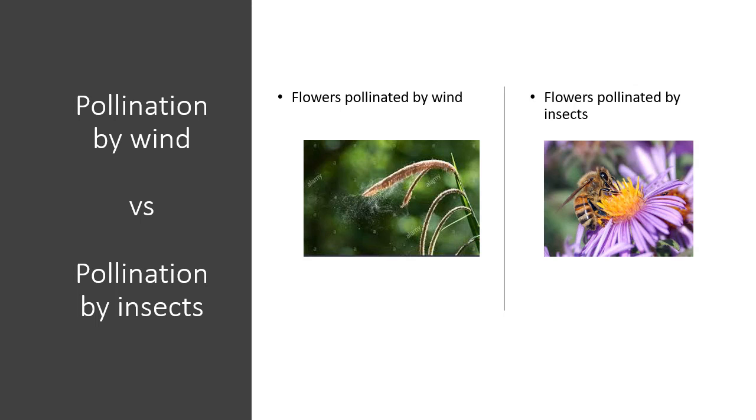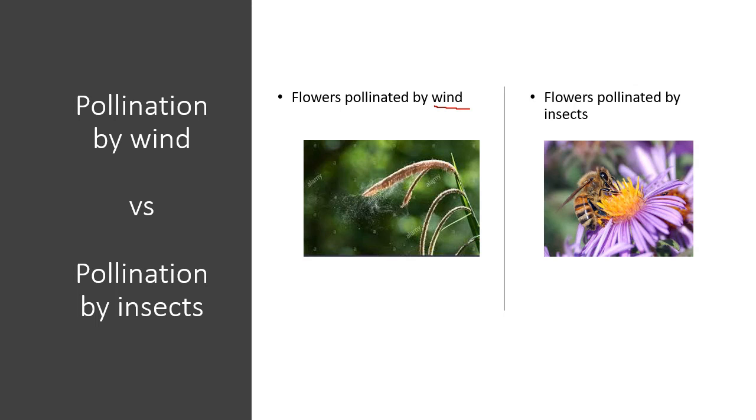If you have a look at the characteristics of the flowers pollinated by the wind, you'll see that they have dull colorful petals, or even some flowers have no petals and they do not have scent. This is because they do not need to attract any insect to come to them. Their pollens are light and tiny, so that's how their pollens are easily blown away by the wind.